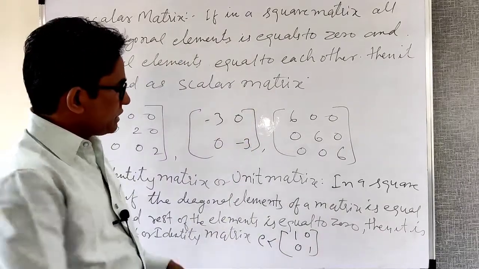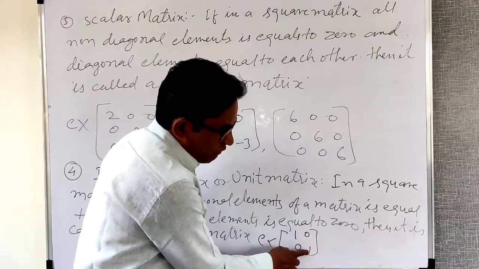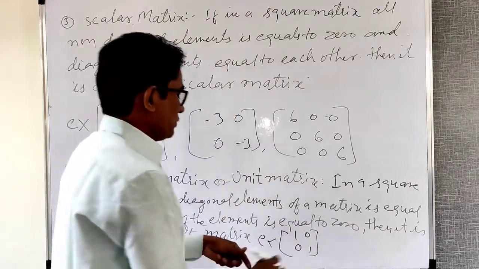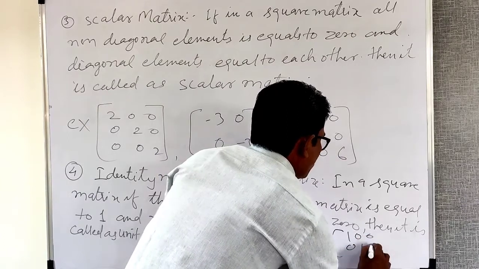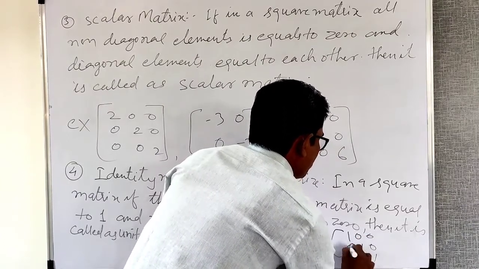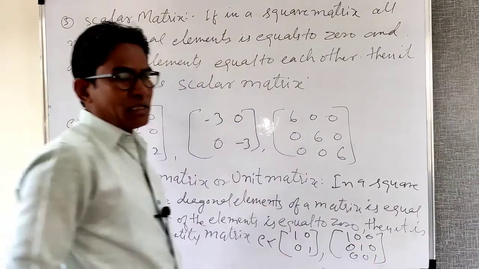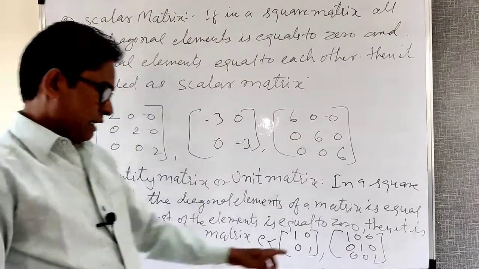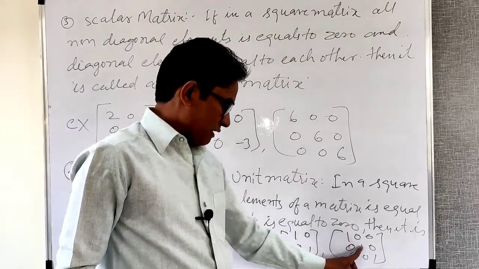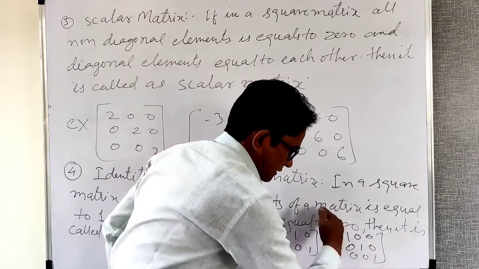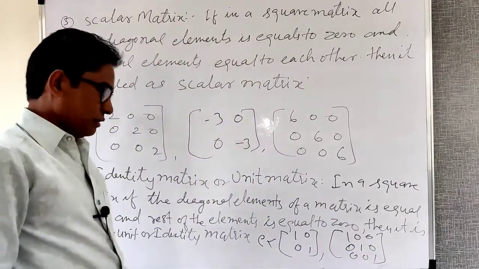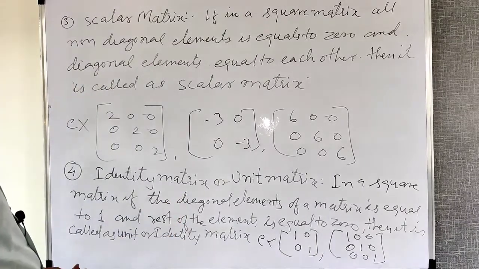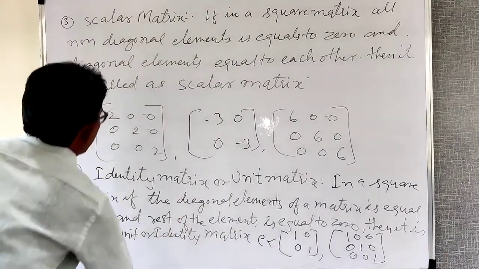In this matrix, the diagonal elements are only 1 and the remaining elements are 0. In the same way, second: 1 0 0, 0 1 0, 0 0 1. In the second matrix, see the diagonal elements 1 1 1, and the remaining elements are 0. Therefore, it is a unit matrix or identity matrix.